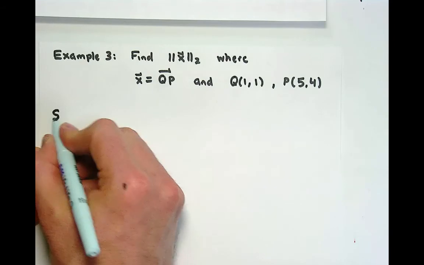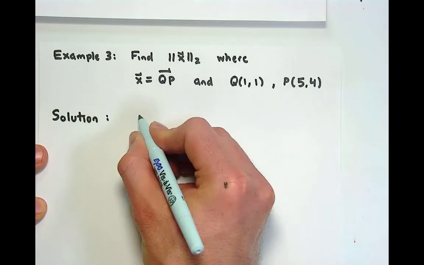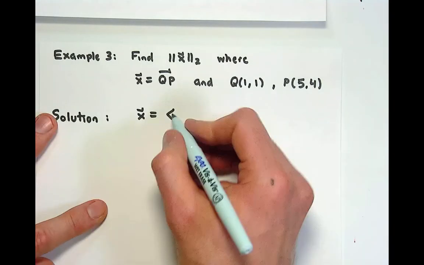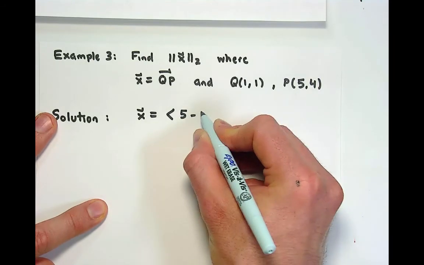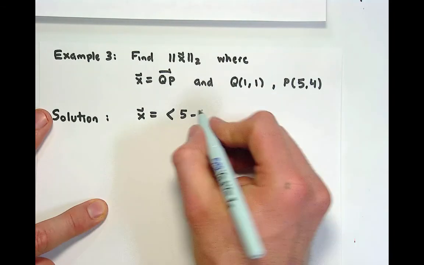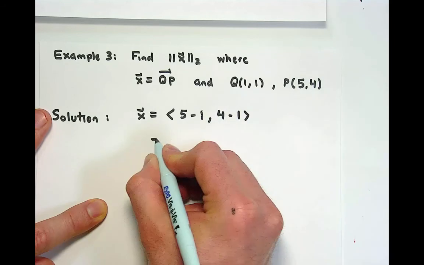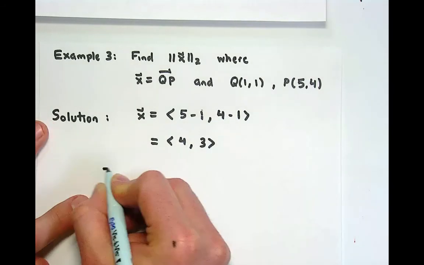Well, we recall if x goes from Q to P, then x would be 5 minus 1, 4 minus 1, in brackets, so this would be 4, 3.